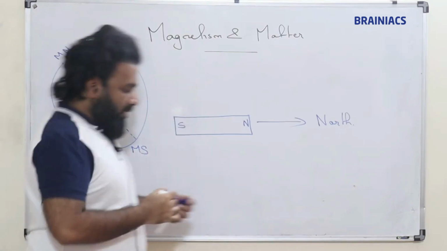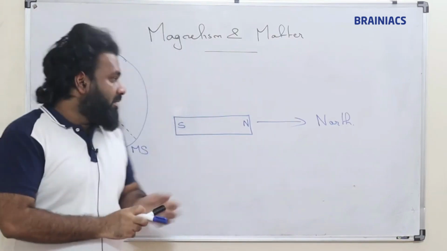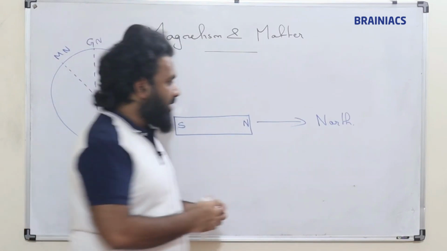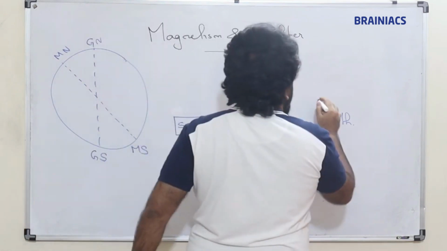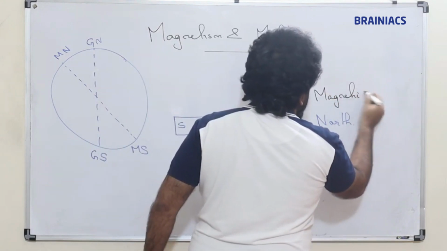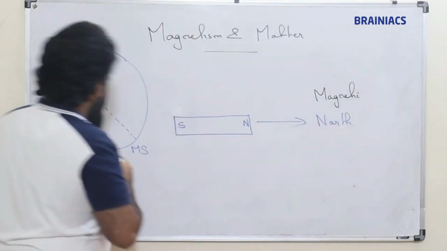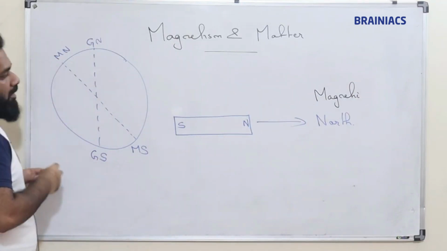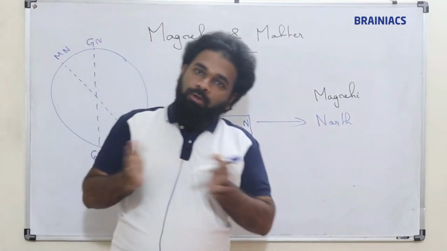Where will this bar magnet be pointing? It will be pointing towards north. Which north? Actually this is magnetic north. So if we suspend a magnet, it will be pointing towards this magnetic north. The north pole will be pointing towards north.